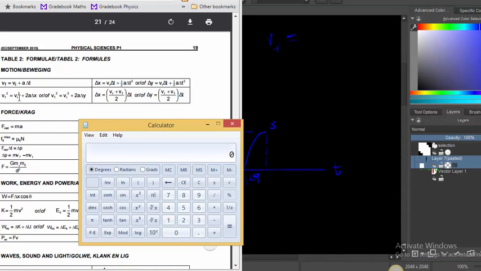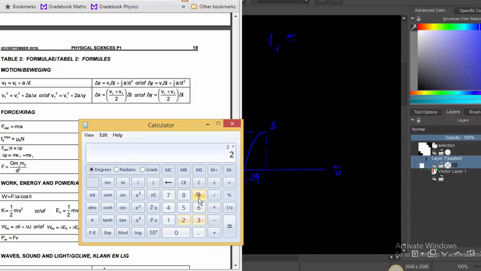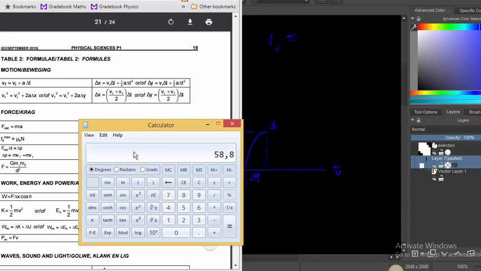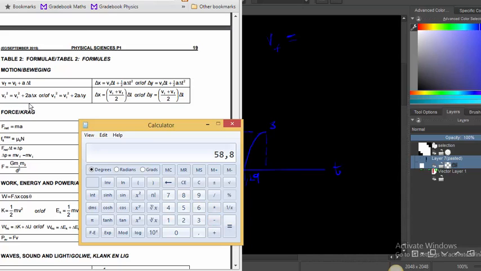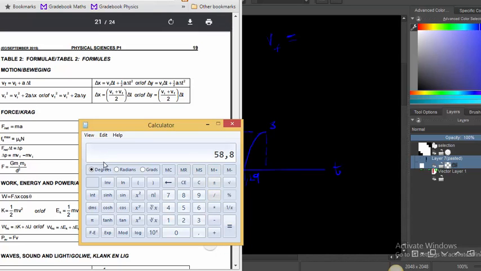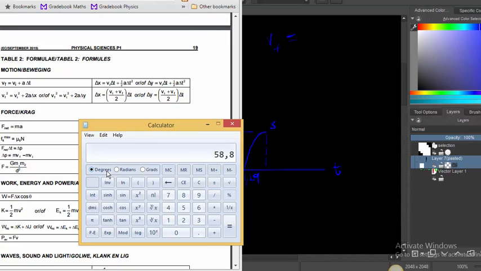Final velocity is 0, initial velocity is unknown, and then 2 times 9.8 times 3. This is then this side, so if I take it to the other side, it should have been negative 9.8, and taken to the other side, which would be positive.